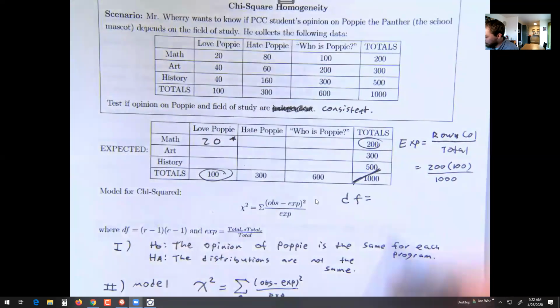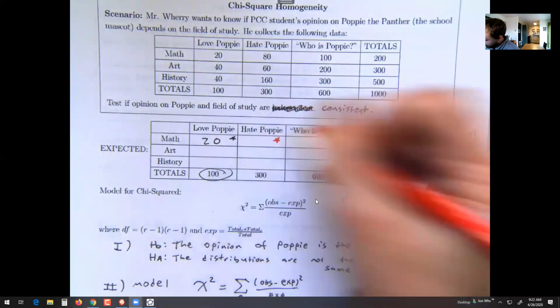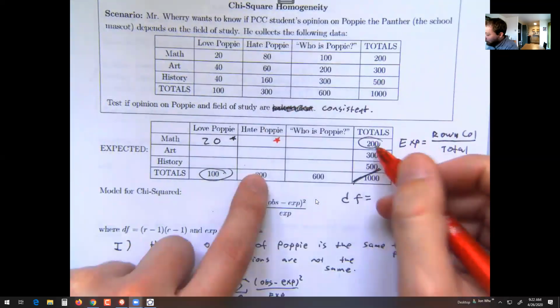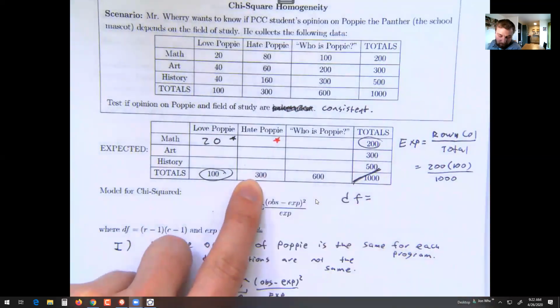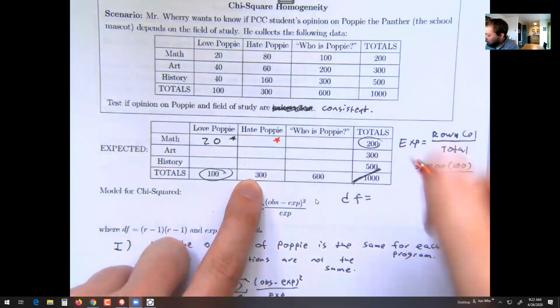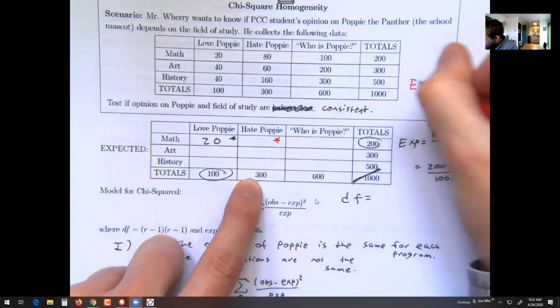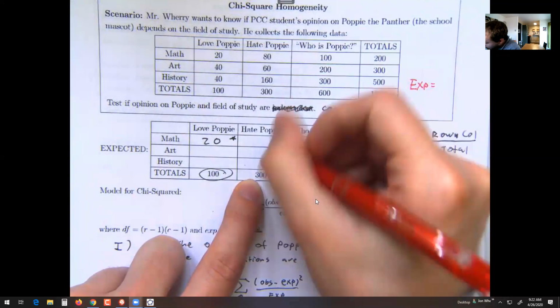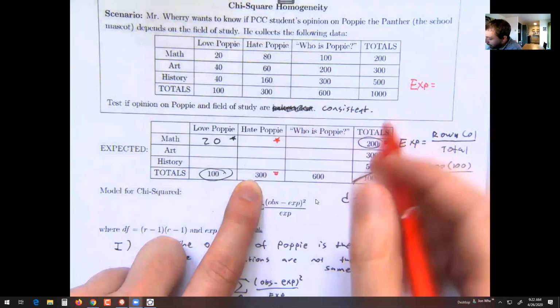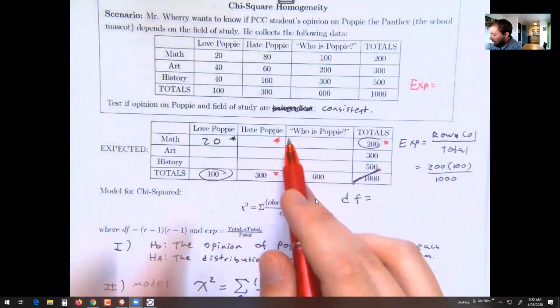Let's do another one of these expected values. I'm going to do it for the hate, Poppy, and math group. This should still be 20% of this 300. So I'm thinking this should be like 60. But let's use the formula. Expected, I'm going to take the total of the row where this lives and the total of the column where it lives. So I just go out.